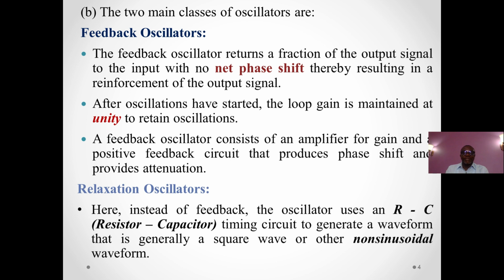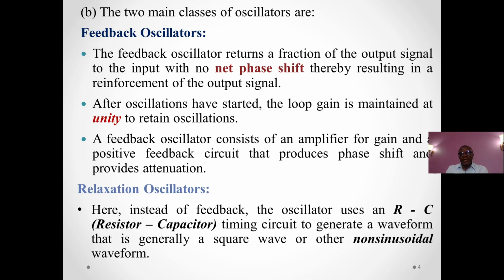A feedback oscillator consists of an amplifier for gain and a positive feedback circuit that produces phase shift and provides attenuation.